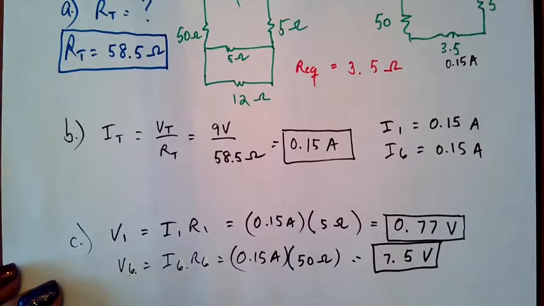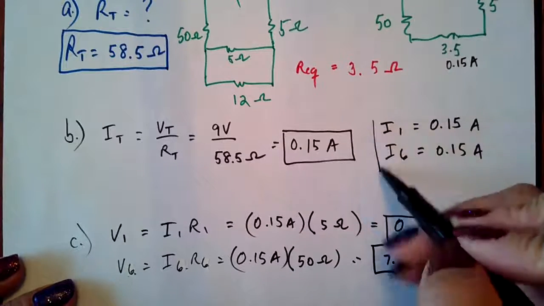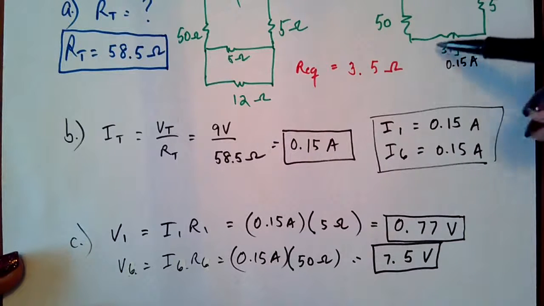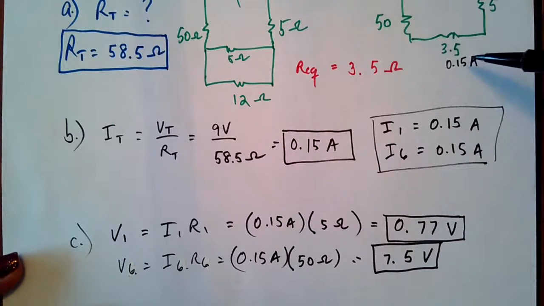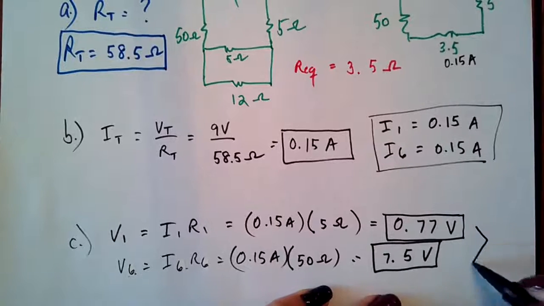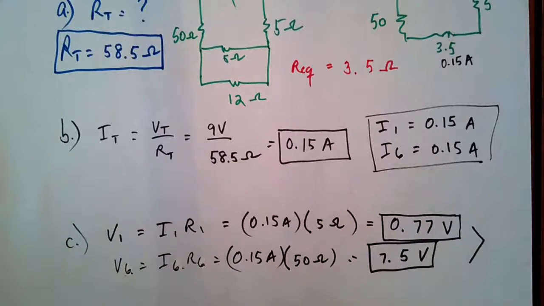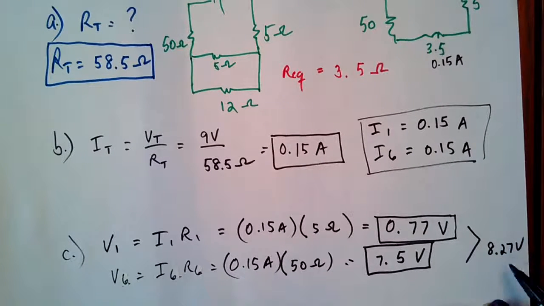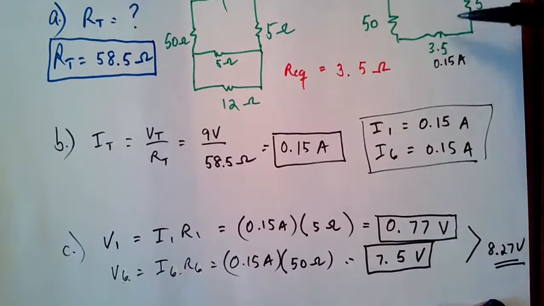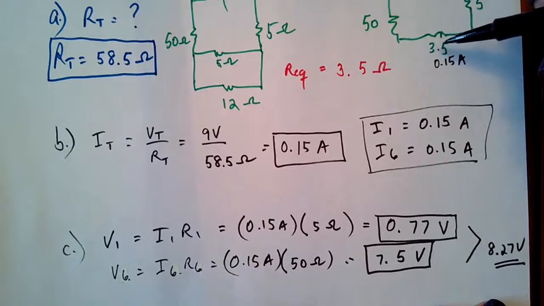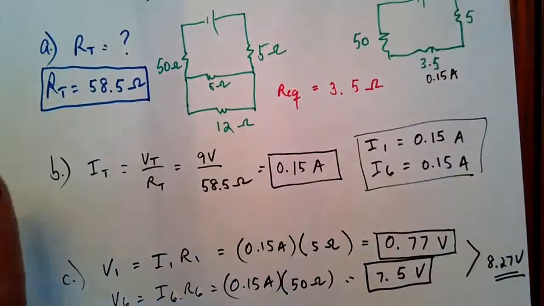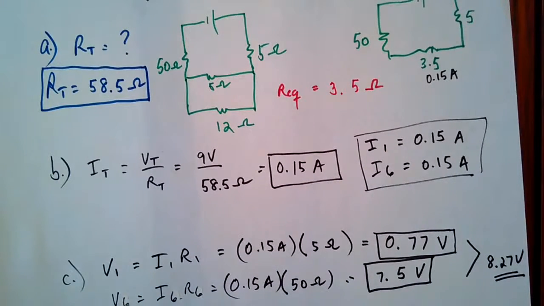Okay, so we have the V1 and the V6. For this total here, we can figure out the voltage because together these two is 8.27 already. So this is 8.27 volts combined, which means that this combined resistance here is going to receive whatever the difference is.